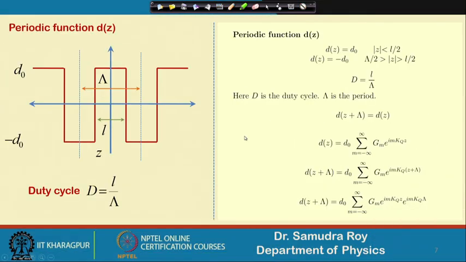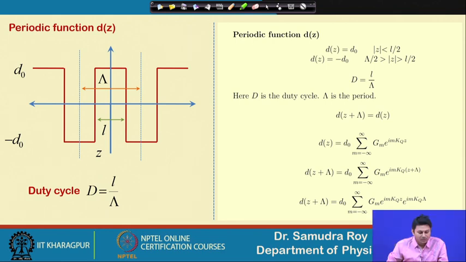Now, as I mentioned, the D function is not sinusoidal; it is a periodic function, but a block kind of function. So we need to take care of this issue and find out the Fourier components of this, so that we can find the corresponding Fourier component that we are going to use.